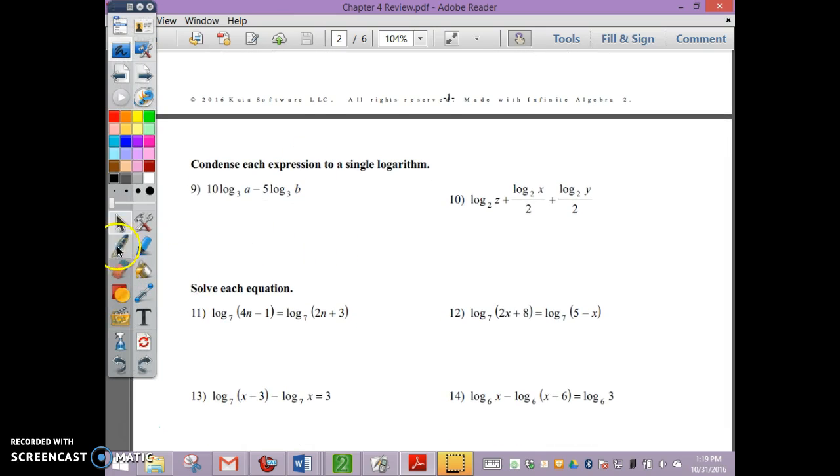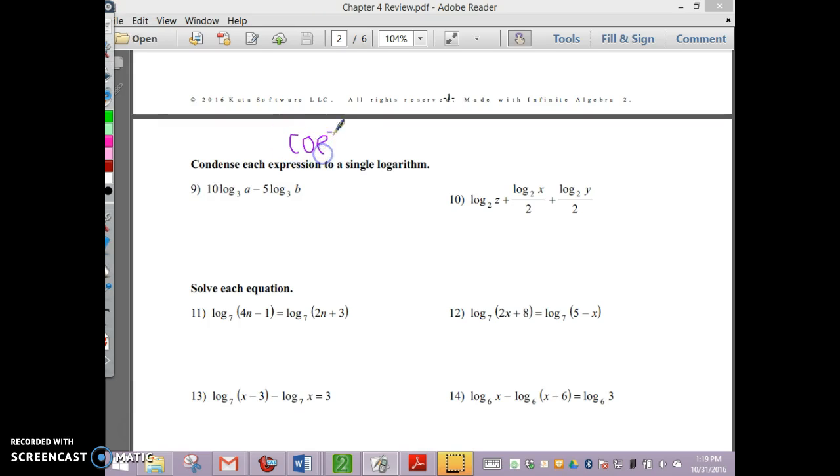Condense. When you're condensing, all coefficients become exponents. All subtraction becomes division. All addition becomes multiplication. So I'm going to condense this subtraction to one logarithm, a divided by b.